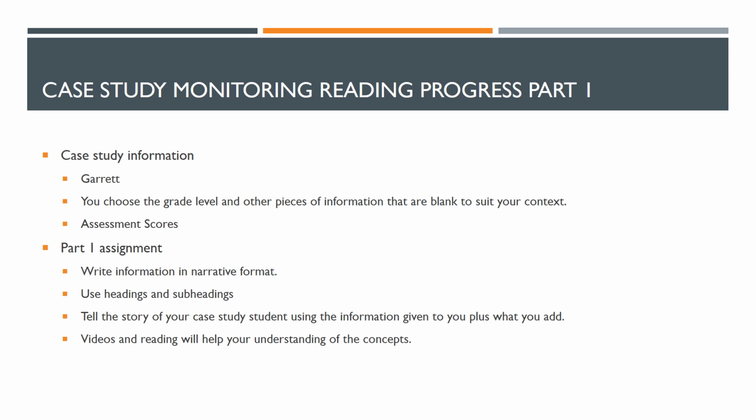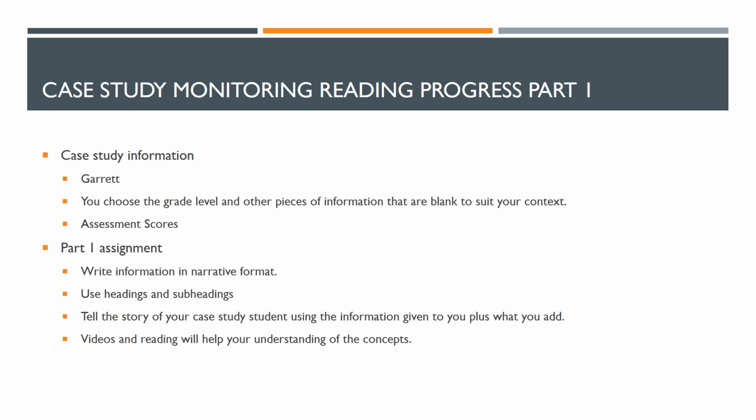Within that information sheet you are given some likes and dislikes about this student, Garrett, who is a male. You are going to also learn about the major components of reading, how he basically performs in each one of those. There's a basic description.